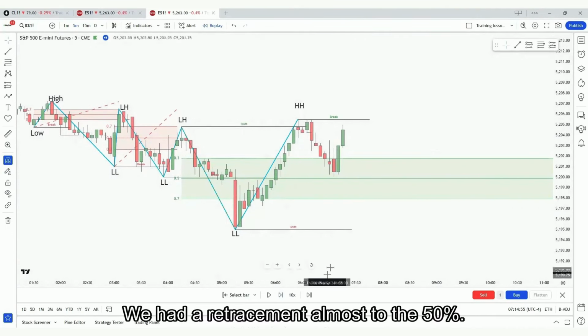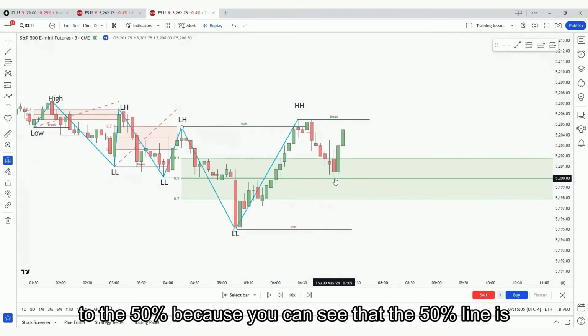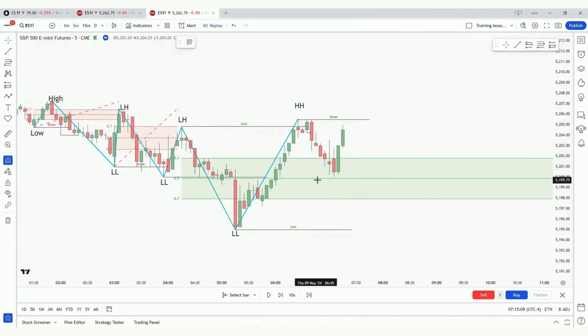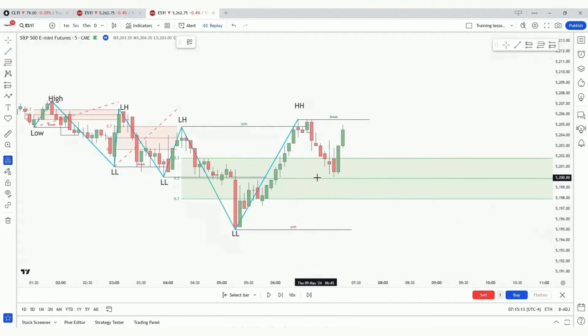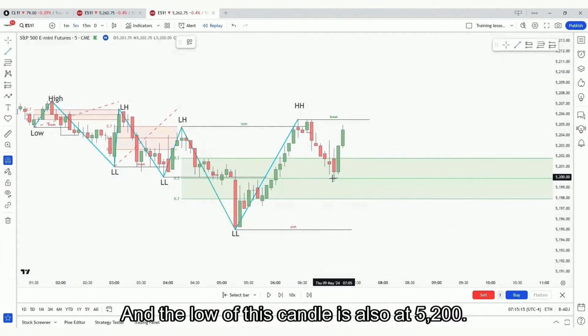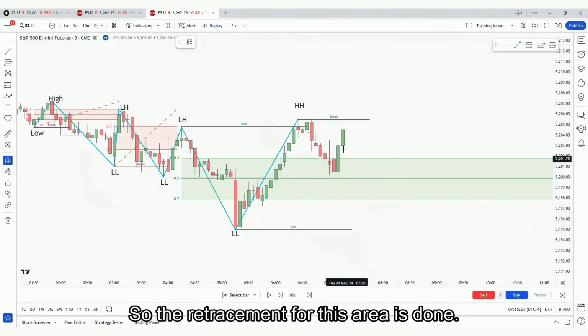We had a retracement almost to the 50%. Let's see, it's exactly to the 50% because you can see that the 50% line is, if you look at the right, at 5200. And the low of this candle is also at 5200. So the retracement for this area is done.